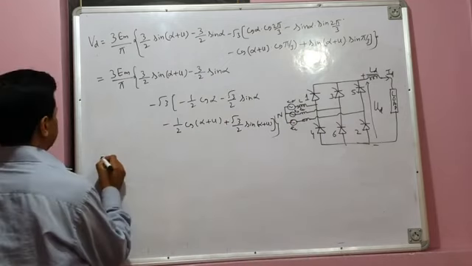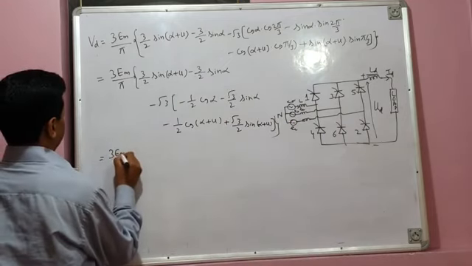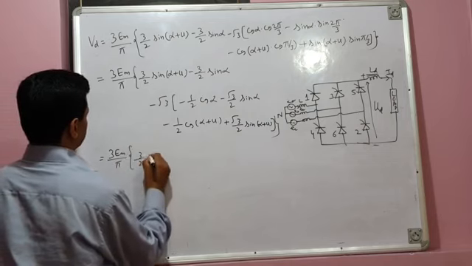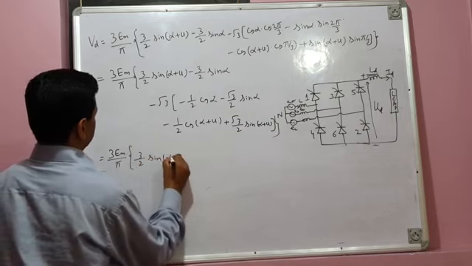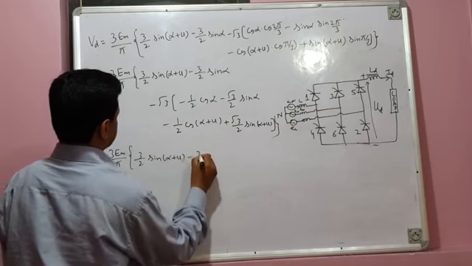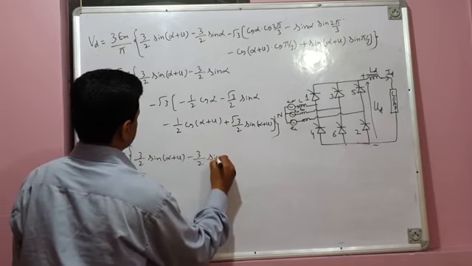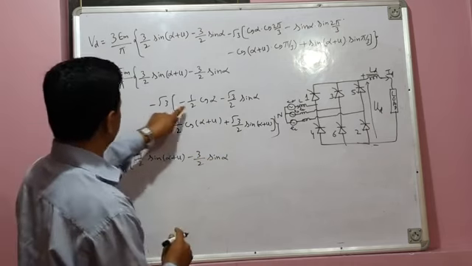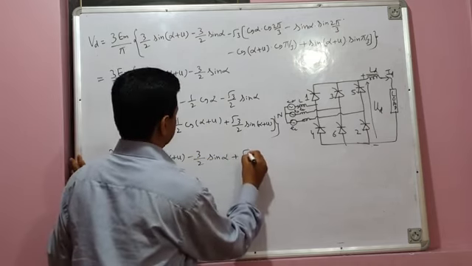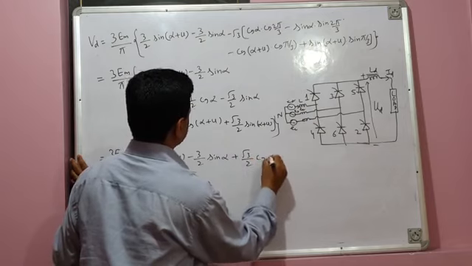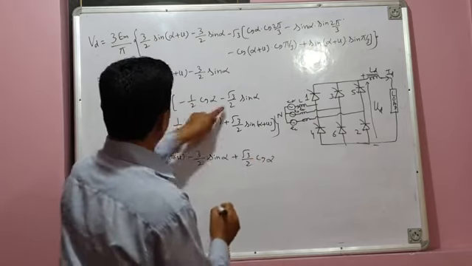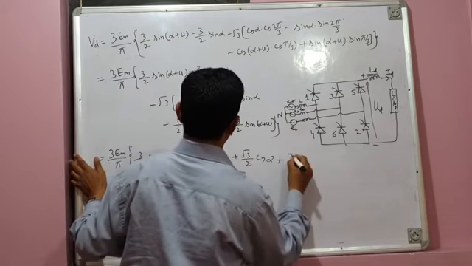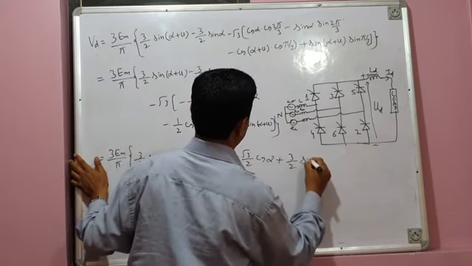So therefore this is equal to 3 em by pi times 3 by 2 into sine of alpha plus u minus 3 by 2 into sine alpha. Now you multiply this by root 3. Minus into minus becomes plus root 3 by 2 cos alpha. Minus into minus is again plus, root 3 into root 3 is 3, so this is 3 by 2 sine alpha.